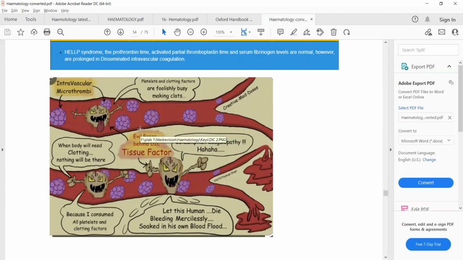There is clotting factor 3. Whenever tissue factor, or clotting factor 3, is activated, it will activate factor 7, and then both of them will activate factor 10, and then a coagulation cascade will be started.